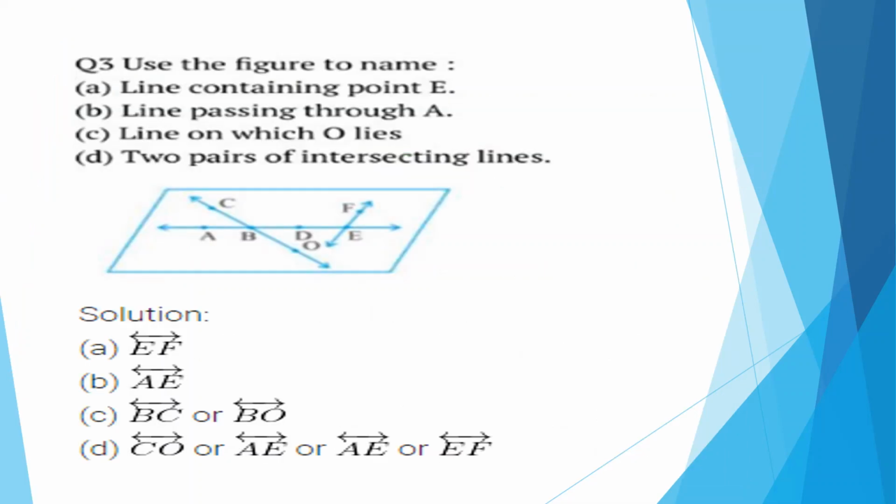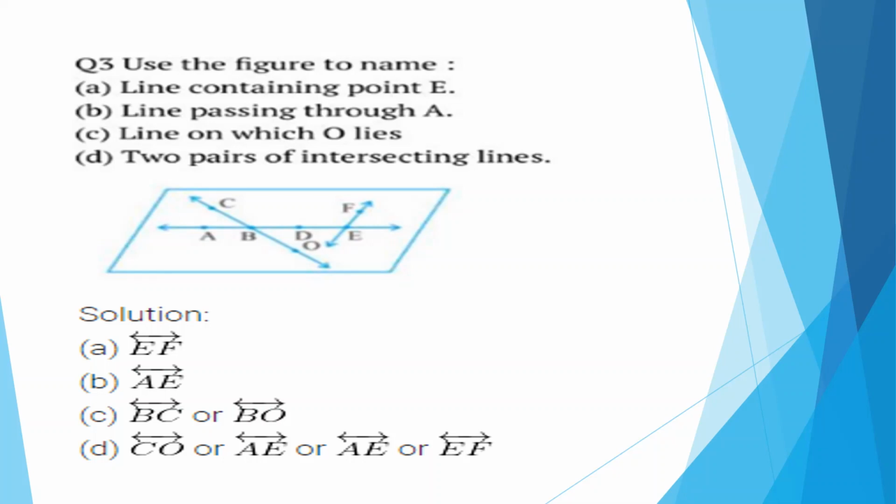Question number 3. Use the figure to name the line containing point E. This is only EF. Line passing through A. The line passing through A is only this line, AE. Now C part, line on which O lies.